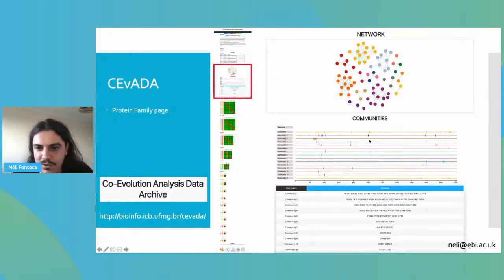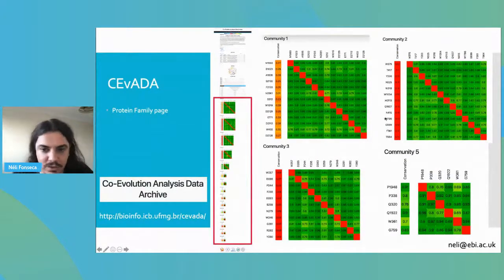Then we show a graphical visualization of the covariation network, colored by the clusters, followed by the location of the detected residues in a consensus sequence, and a table listing the detected residues and the clusters. Finally, we show the covariation matrix for each cluster.